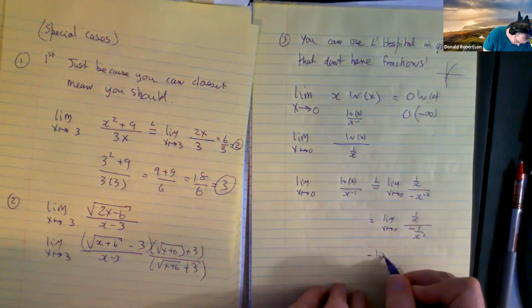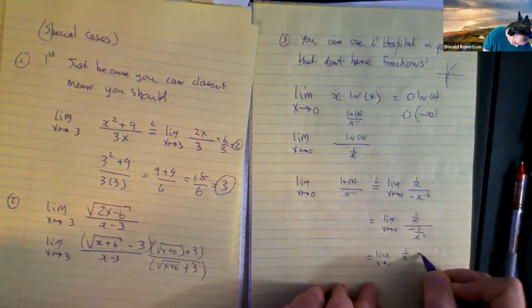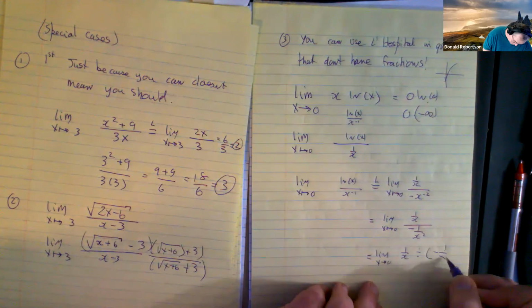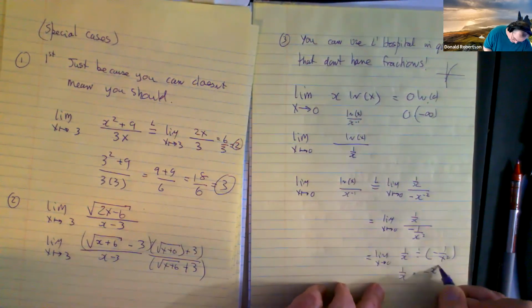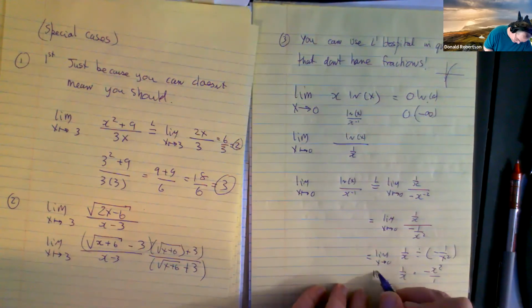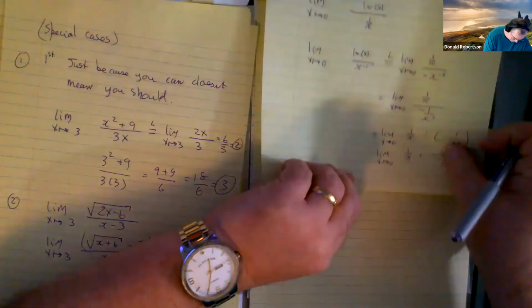If I then do a little bit more algebra on it, it's 1 over x divided by that, which is 1 over x times that. The x's cancel, and you're allowed to do that.